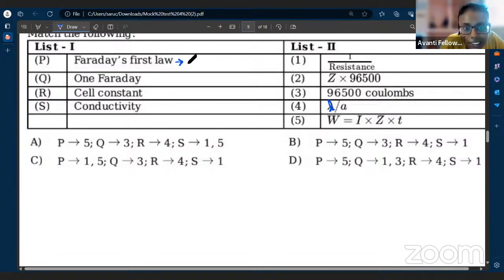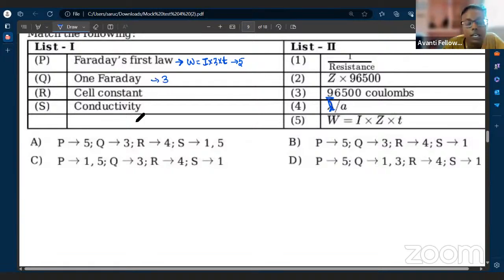The mass, that is weight, is equal to I into Z into t, where Z is the equivalent and I is the current you pass over time. So P is going to be 1. And what is 1 Faraday? 1 Faraday is equal to 96,500 coulombs.